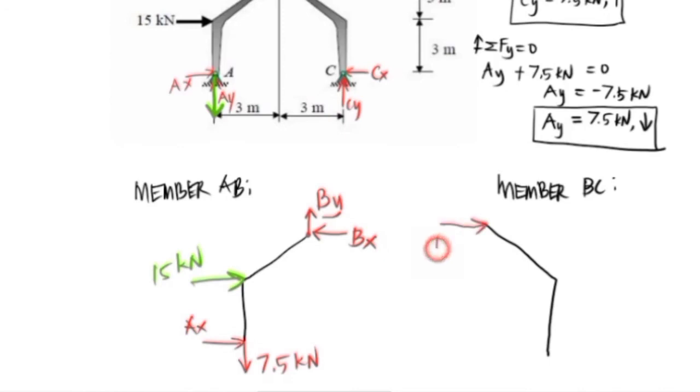BX is directed to the right and BY is directed downward. And for the assumption, CX directed to the left. Since we already computed for the value of the CY, that is 7.5 kilonewton upward.